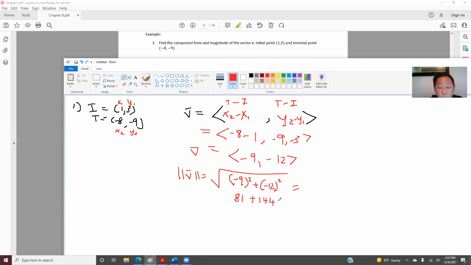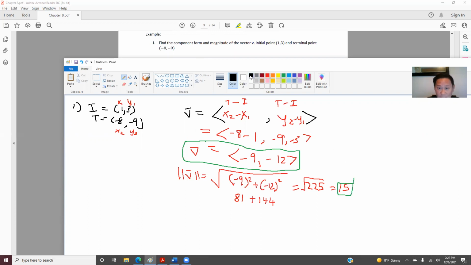So 81 plus 144 is 225. Add these two and then take the square root of it. So this is 15. The answer is the component form for vector V is (-9, -12), and the magnitude is 15.